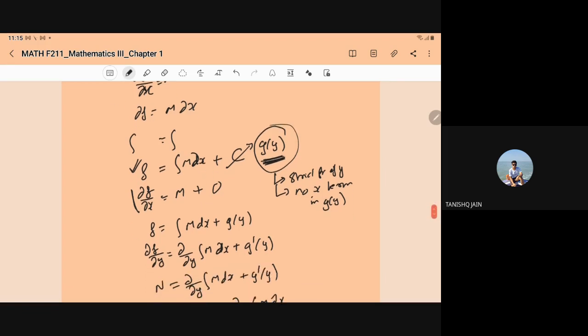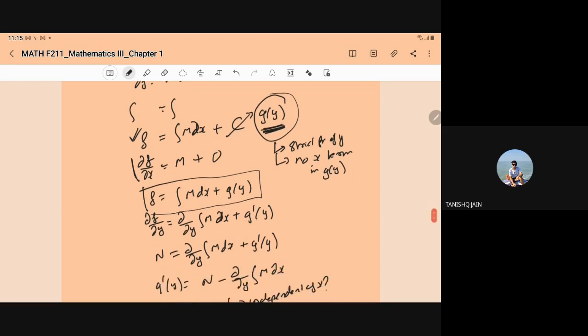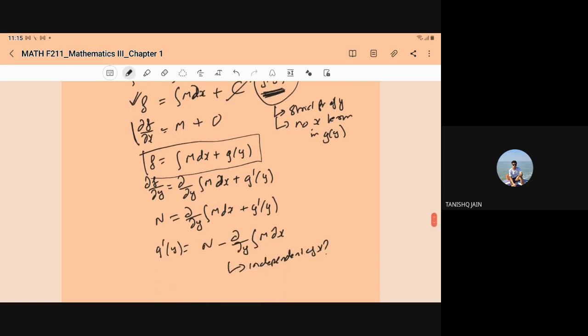So here we have f is equal to the integral of m dx plus g(y). Now if you differentiate it with respect to y, del f by del y is equal to del by del y of the integral m del x plus g dash y.